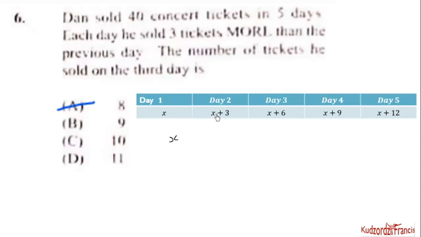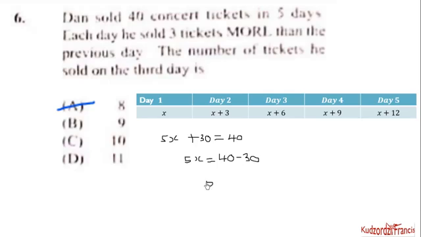So X plus X plus X plus X plus X is 5X. Then 3 plus 6 is 9, plus 9 is 18, plus 12, which is 30. And this should be equal to 40. So 5X is equal to 40 minus 30.